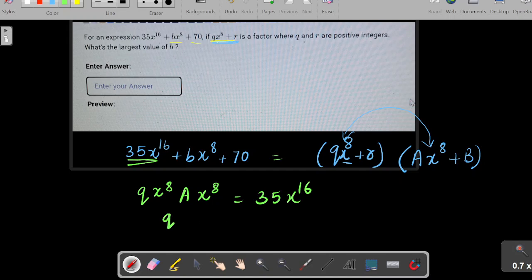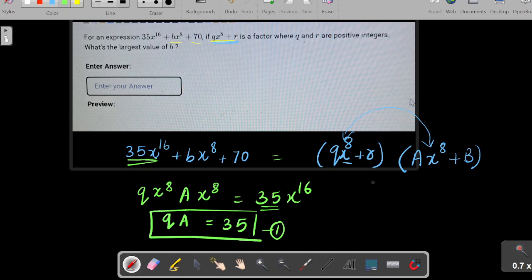Right? Can I say qa equals 35 if I'm comparing the coefficient of x raised to the power 16? This is equation 1. Similarly, if you find out the coefficient of x raised to the power 8, you will get b.